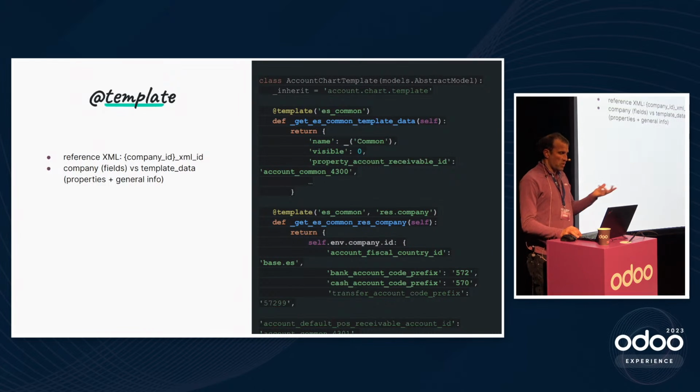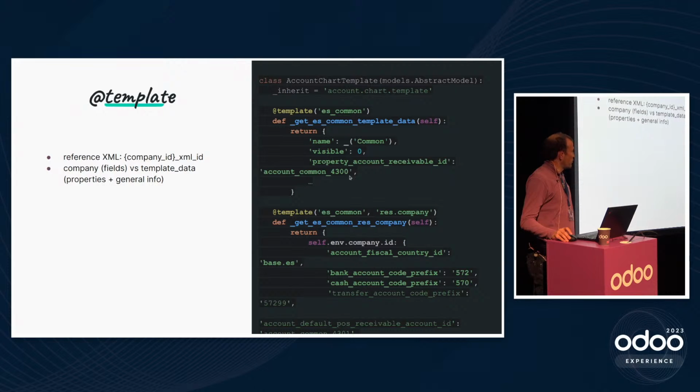And what can we put there? Here you put common template data, so the name of the template. And for example, this is the parent chart of accounts in Spain, which is actually never used, so visible is 0.